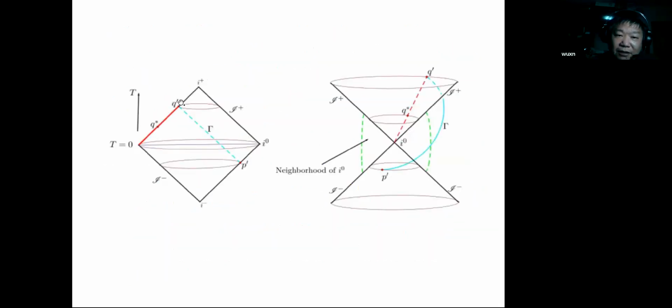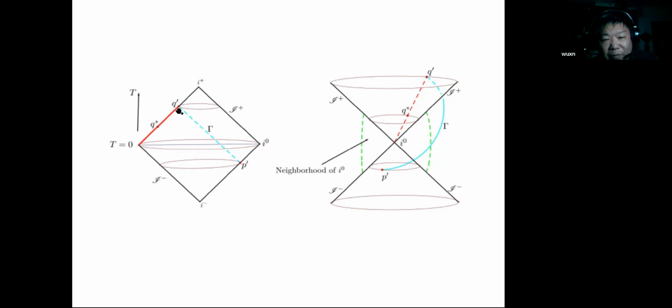It means that here is a conformal compactification of the Minkowski spacetime. If you choose any point in the past null infinity, you call it P prime. And you can always find some Q prime in the future null infinity, at the endpoint positions in spherical coordinates.